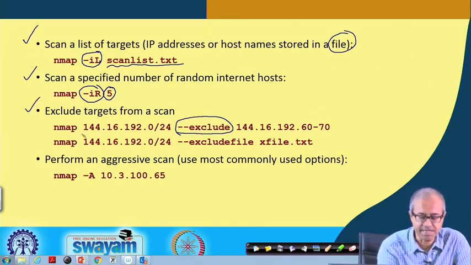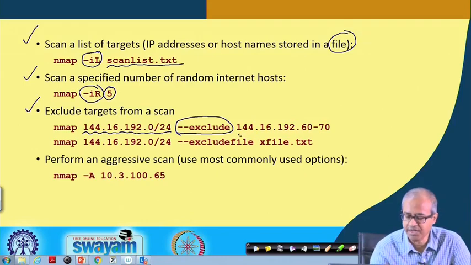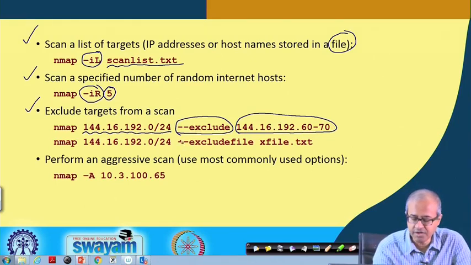Like here, we are scanning a subnet, the same example, 144.16.192.0/24, but you are excluding some IP addresses, exclude them.